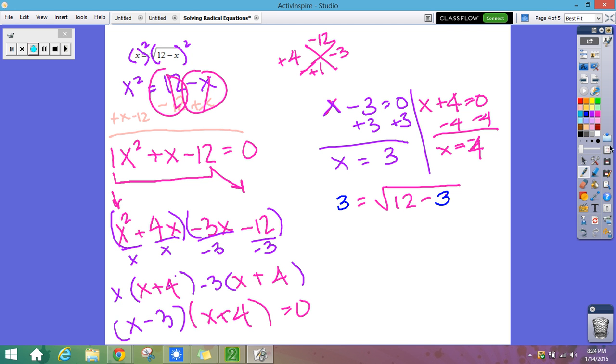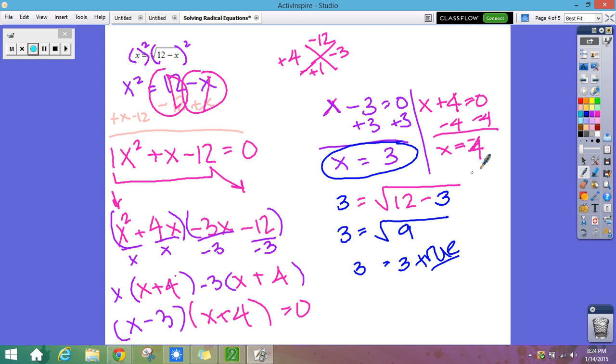All right, so here we go. 3 equals the square root of 12 minus 3, which is 9. And the square root of 9 is indeed 3. That's true. So I know that this is a valid solution.